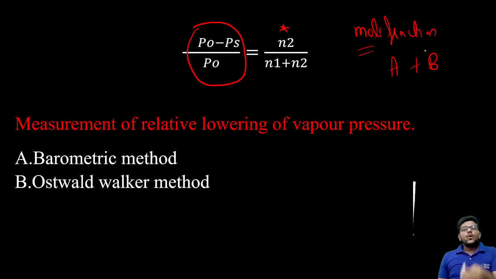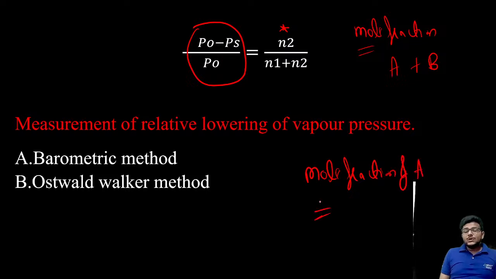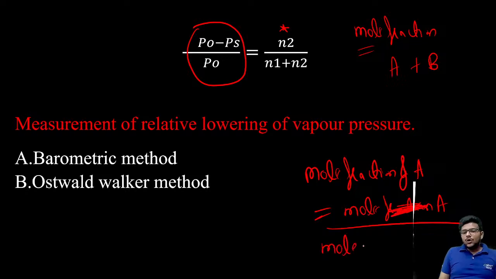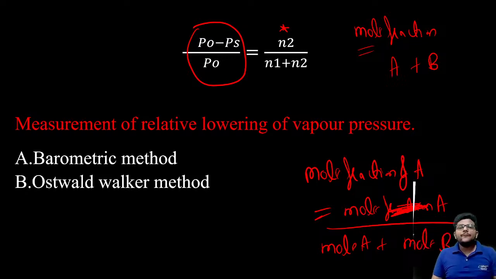So the mole fraction of A is equal to the moles of A divided by the moles of A plus the moles of B. Moles of A and moles of B, where one is solute and one is solvent in the solution, or whichever one's mole fraction we have to calculate, we take it and divide it by the total number of moles present in our solution.